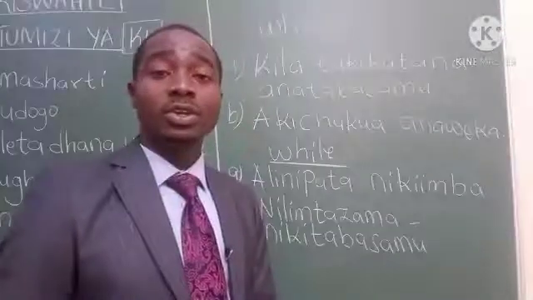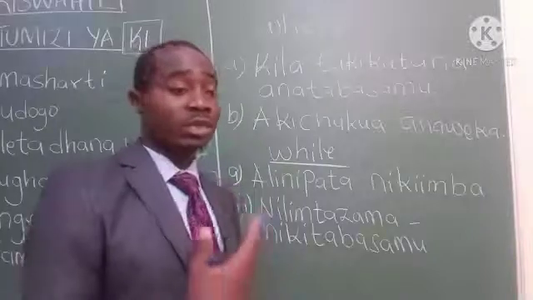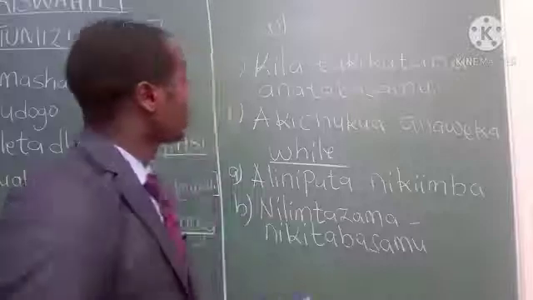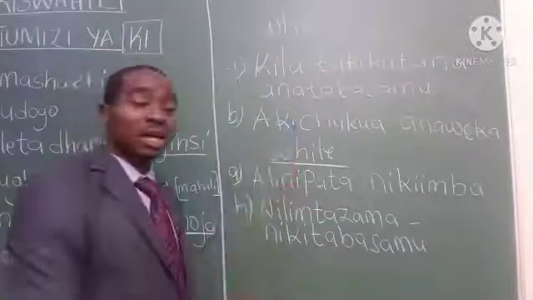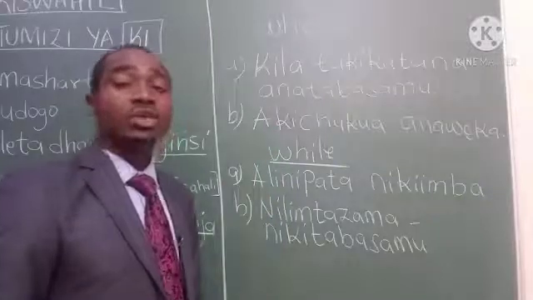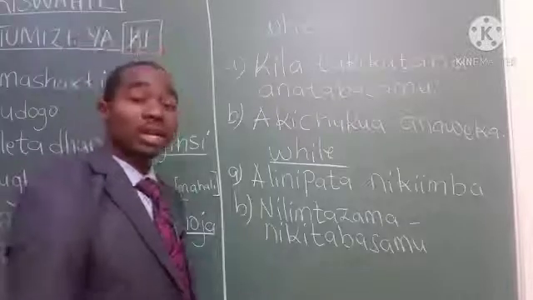Now here we have the use of while or when. So we are starting with when. How ki is used to imply when. In the first example you have kila tukikutana anatabasamu. This one implies the use of ki as when.